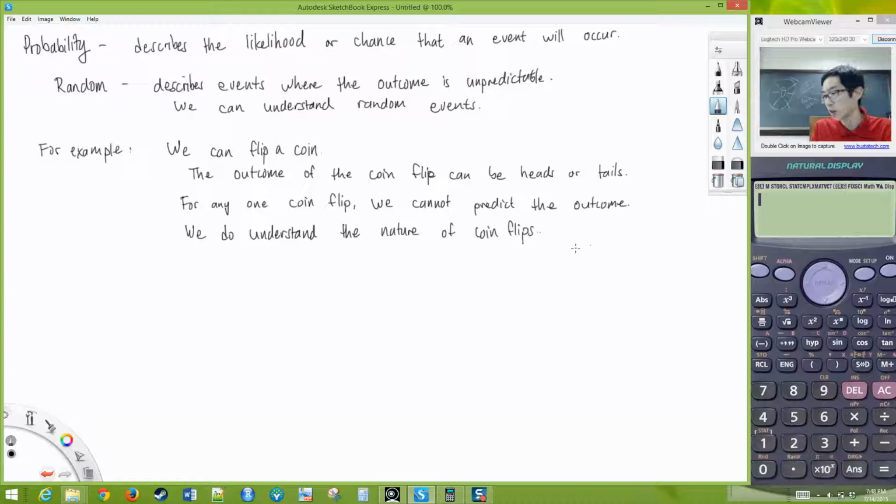And we can make a statement such as the probability that a coin flip will result in heads is 0.5.